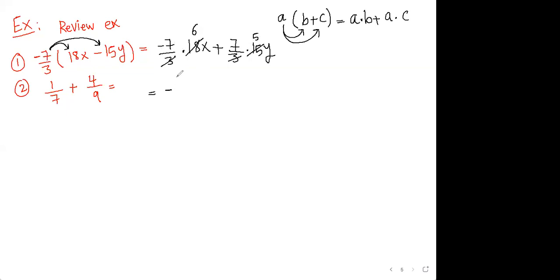Minus 7 times 6 is... okay. And this is minus x plus 7 times 5 is y. True. This is right, Angel. Okay.